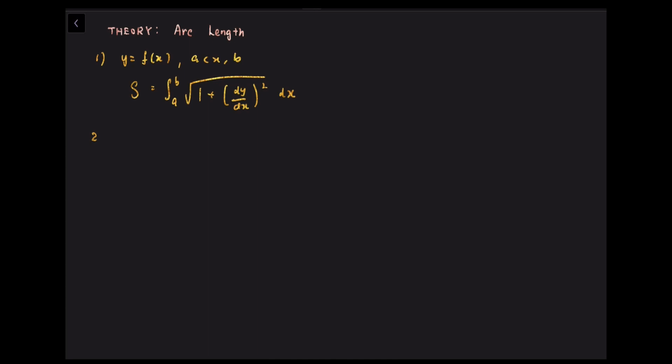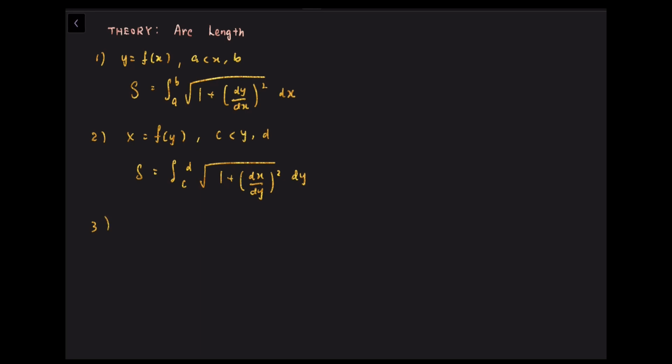And in the second scenario, for the function x equals f(y), which is the inverse of the function above, and defined for y between c and d, the arc length s equals integrate from c to d the square root of 1 plus (dx/dy) squared dy.